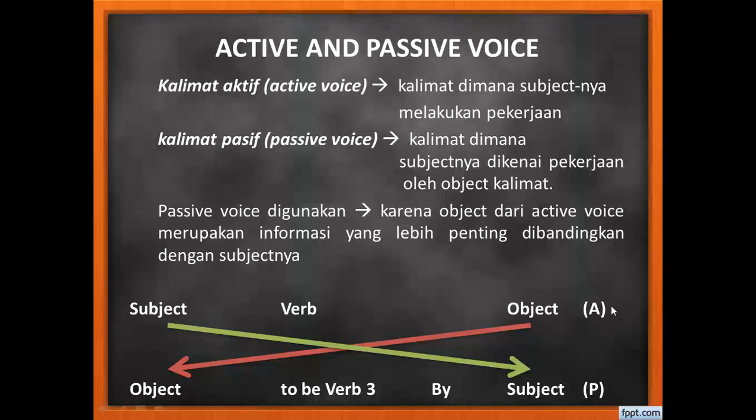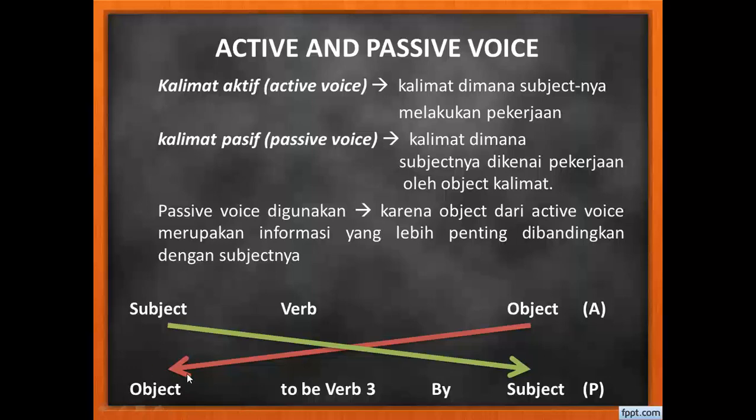If we want to change from active to passive, the subject in the active, which is in front of the sentence, you must change into behind the sentence. And the object, in active behind the sentence, you must change in front of the sentence in passive voice.